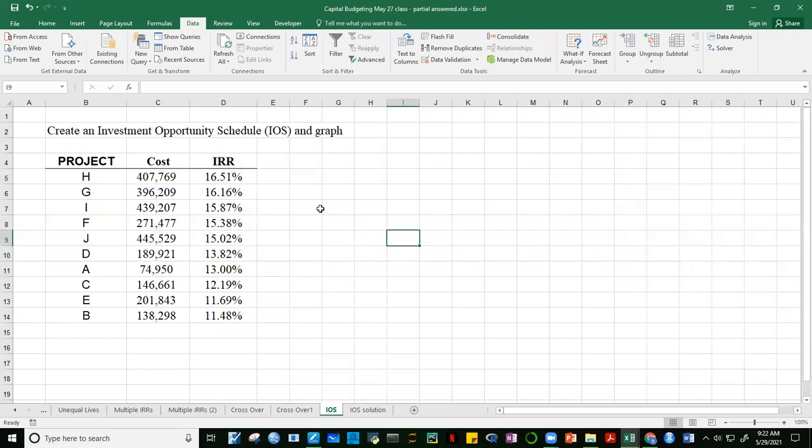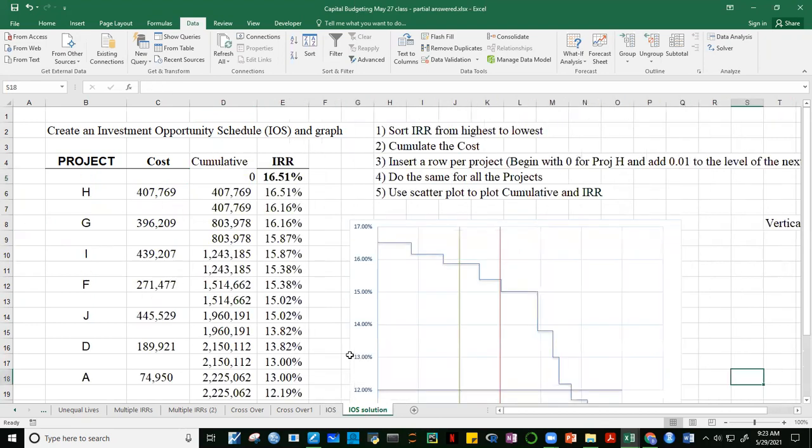Okay, so we have now sorted our projects based on IRR, and of course when we choose projects, we would choose first the ones with the higher IRRs. So if we're going to rank this, project B has the least preference. Project H has the biggest preference.